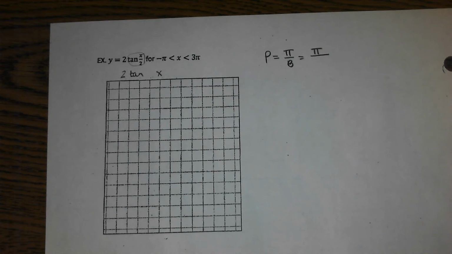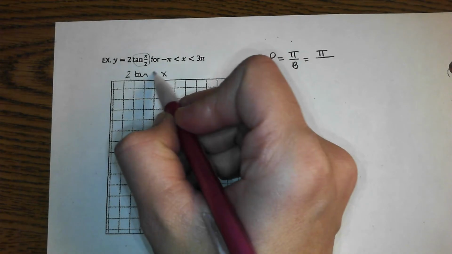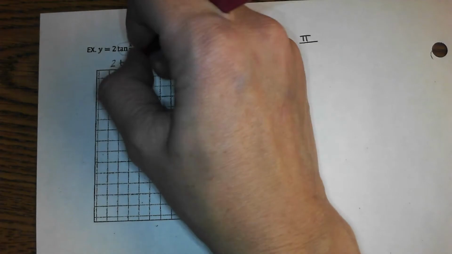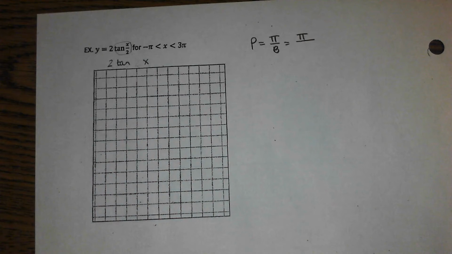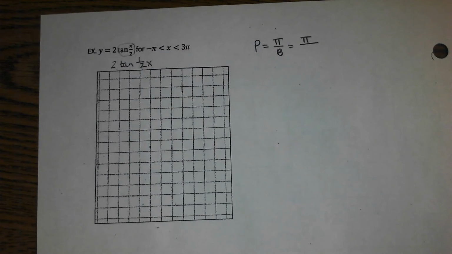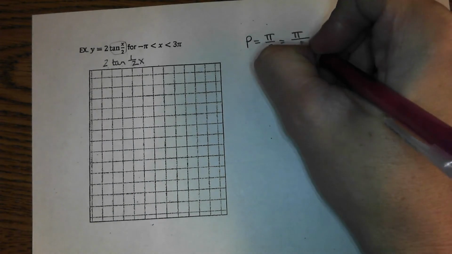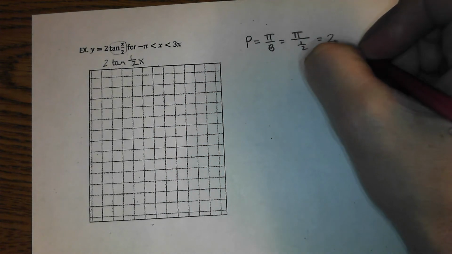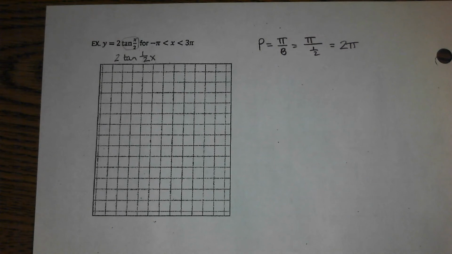You keep looking, sounding like you're trying to say 2, right? But if I put a 2x, is 2x the same as x over 2? No. Dividing by 2 is the same as multiplying by what? 1/2. There's your coefficient, 1/2. There's your b value. So pi over 1/2 is just 2 pi. So after this horizontal stretch, your period isn't pi anymore, it's 2 pi.